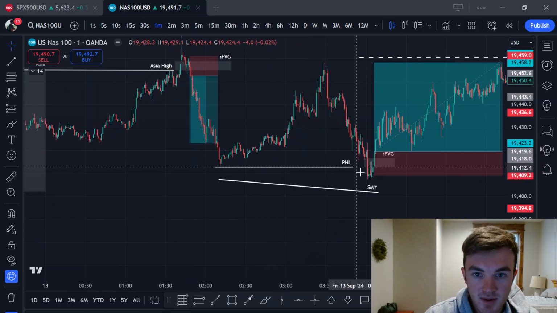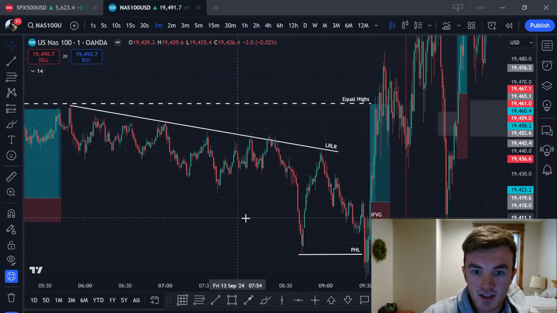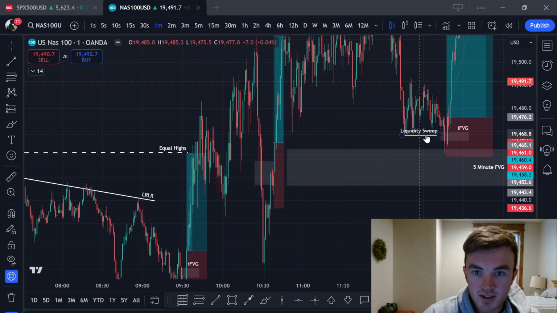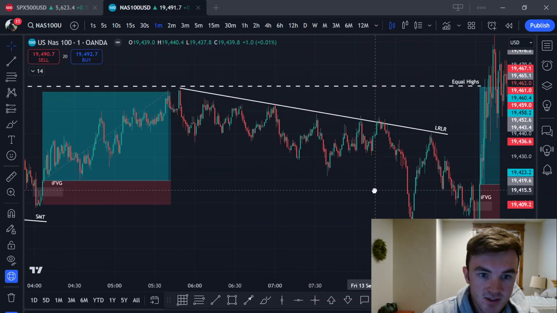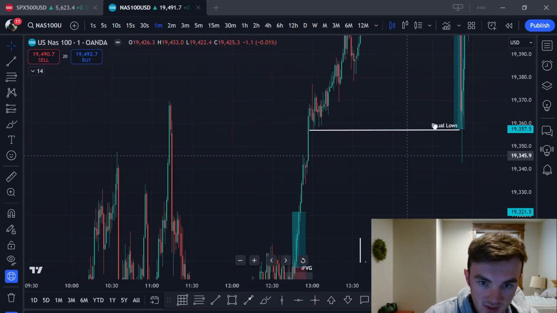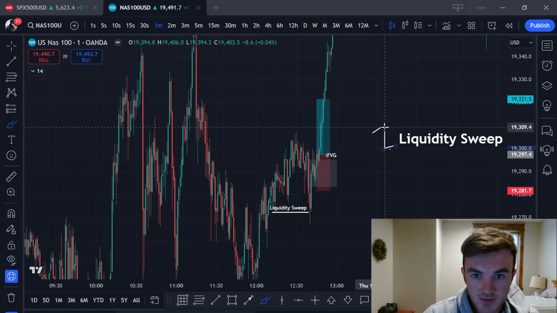A lot of the time that could be previous hour's low, like in this case right here. It can be previous hour's low, data low, some other kind of liquidity sweep. As long as it has some kind of liquidity sweep, you're pretty much good. So the first thing is you need to see some kind of liquidity sweep.